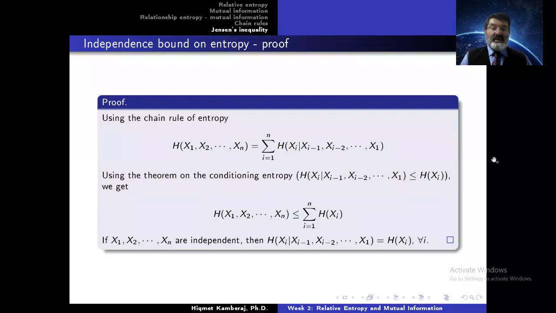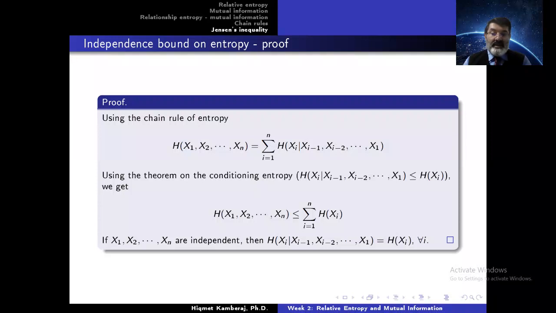Now we can prove this theorem using the chain rule of entropy. Then the joint entropy of X1, X2, ..., Xn random variables is equal to the sum over i from 1 to n of the conditional entropy of Xi given Xi minus 1, Xi minus 2, and so on to X1.